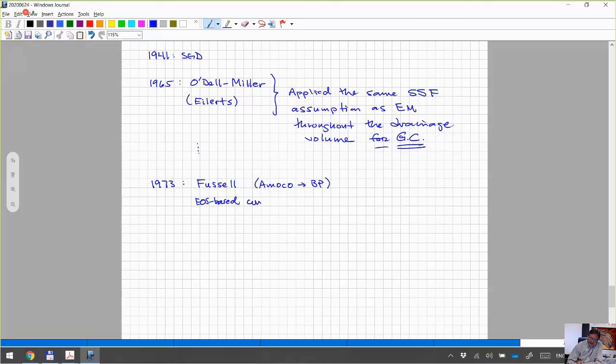compositional reservoir simulator to look at, I think it was just a vertical unstimulated well, pretty sure. Could have been a fractured well because hydraulic fracturing started around the early 70s, so it could have been looking at that as well. But I think it was just a normal vertical unstimulated well.